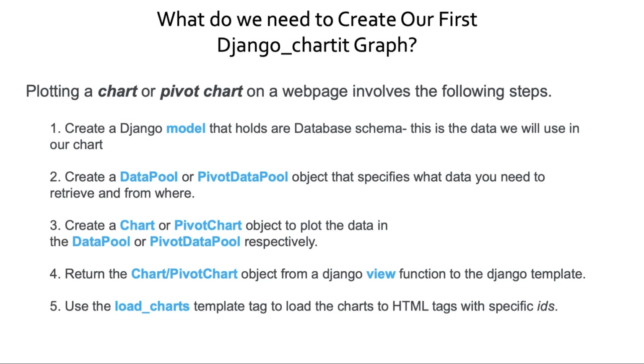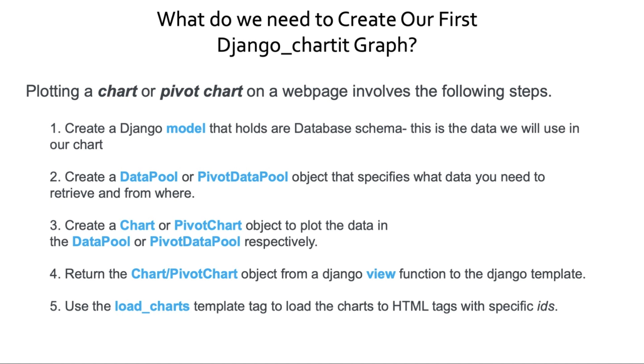So what do we need to create Django Chartit graphs? Whether we're plotting a chart or a pivot chart on a web page, we will need to tend to the following steps. Number one, we're getting our data from models, right? So we'll need one or more models depending upon what you're trying to do. We'll have to create a data pool or a pivot data pool object that specifies what data you need and where to retrieve that data from.